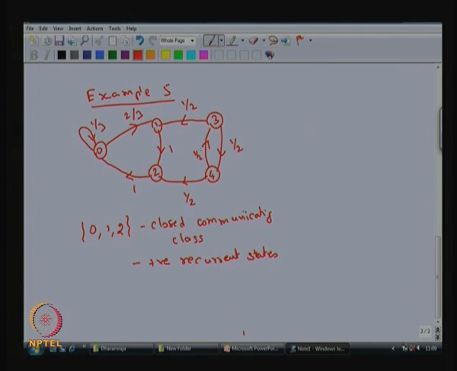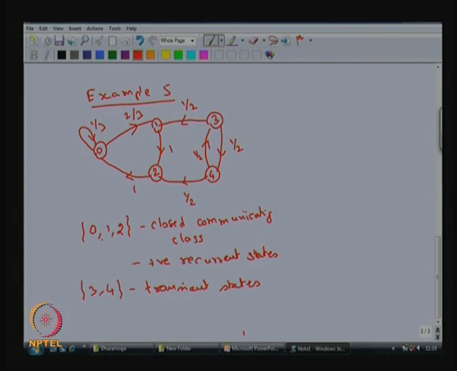Once it goes away from states 3 and 4, it does not come back. Therefore, states 3 and 4 form transient states. Even though states 3 and 4 communicate with each other, they are transient, because F33 and F44 are going to be less than 1.